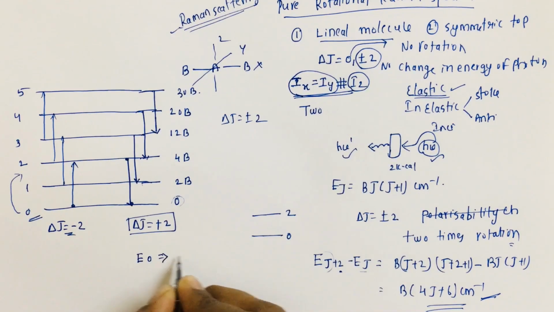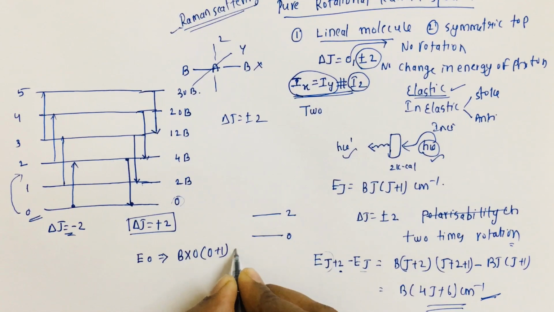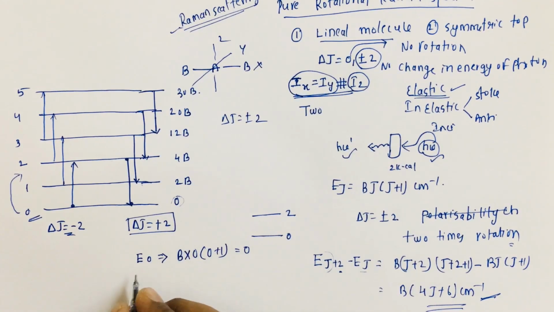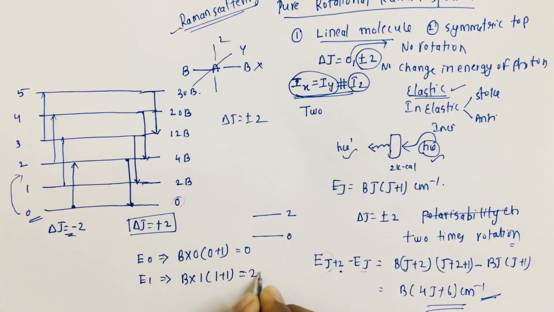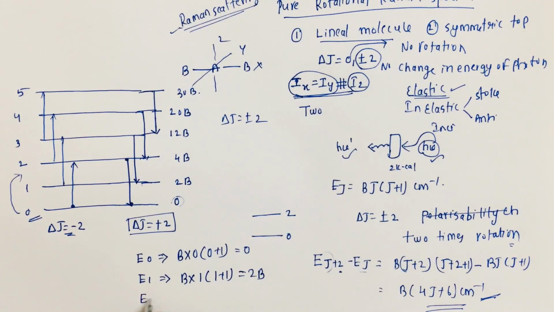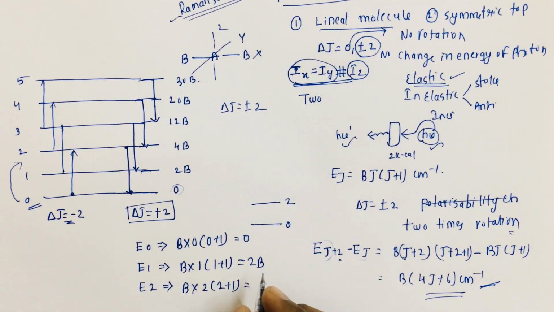E0 means B into 0 into 0 plus 1, that will be 0. Next, E1 means B into 1 into 1 plus 1, that will be 2B, and E2 means B into 2 into 2 plus 1, this will be 6B.